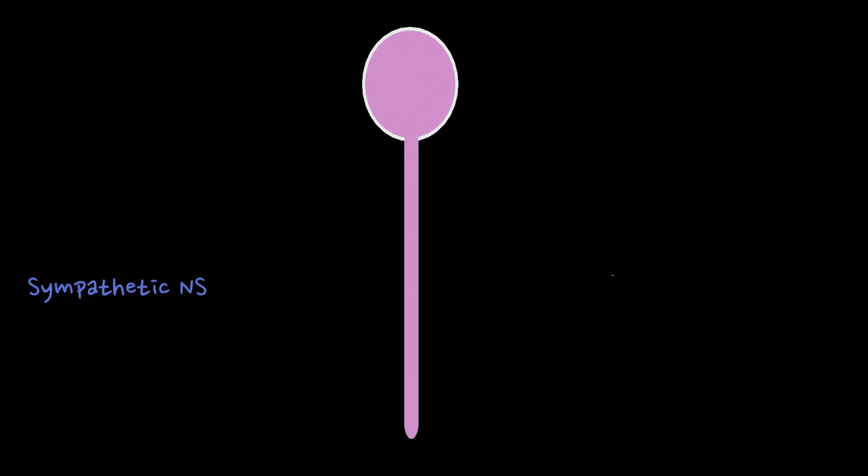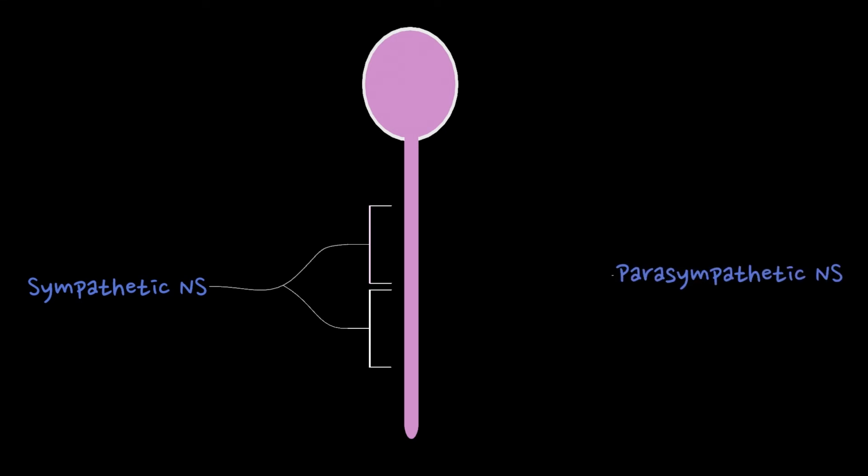The nerves in the sympathetic nervous system are of thoracolumbar origin. That is, it originates from the thorax and the lumbar levels of the body. The nerves in the parasympathetic nervous system are of craniosacral origin. That is, it originates from the brain and from the sacral part of the body. The responses produced when the sympathetic and parasympathetic nervous systems are activated are mostly in the opposite manner.